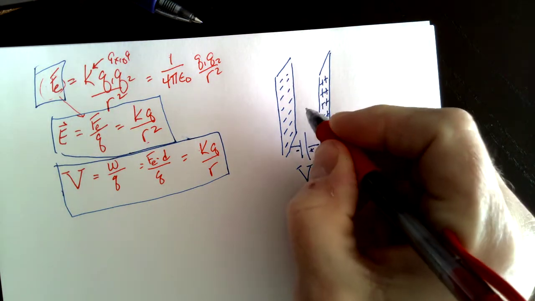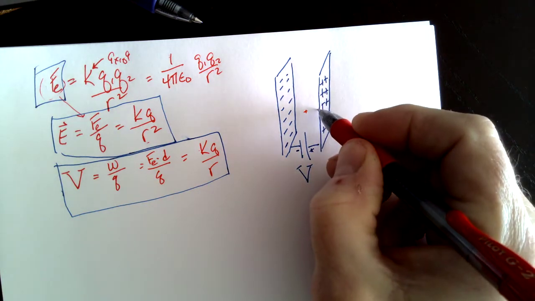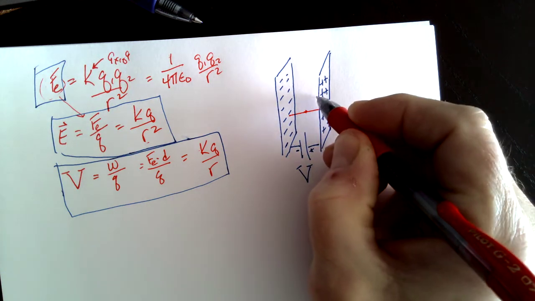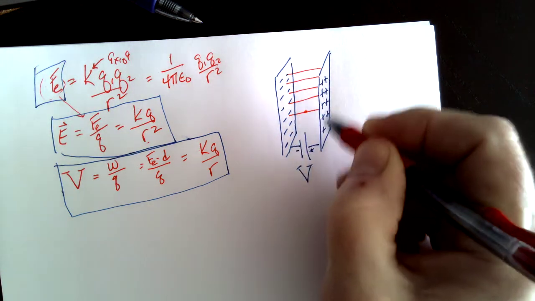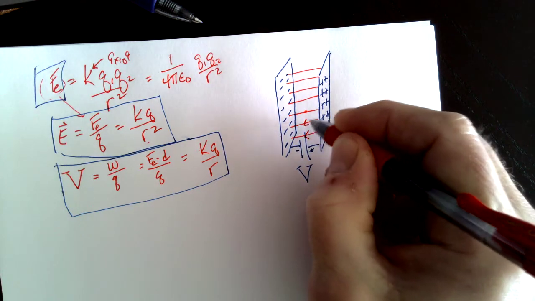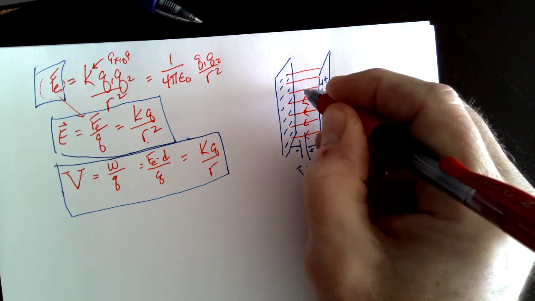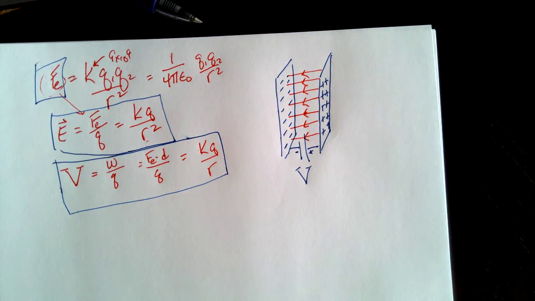And if you put a little positive charge in there, that defines our direction. It would be pushed away from the positives towards the negatives. So all your field lines are equal and going that way. Because they're parallel, that makes this a uniform field. It's the same strength everywhere.